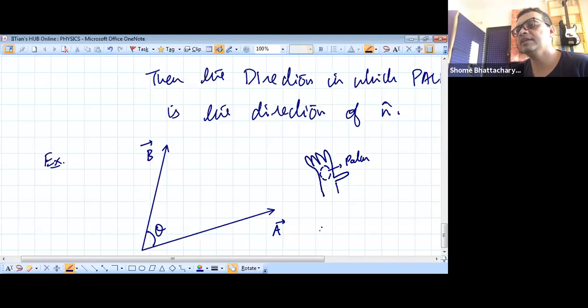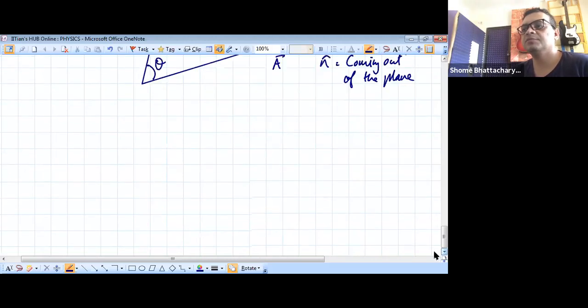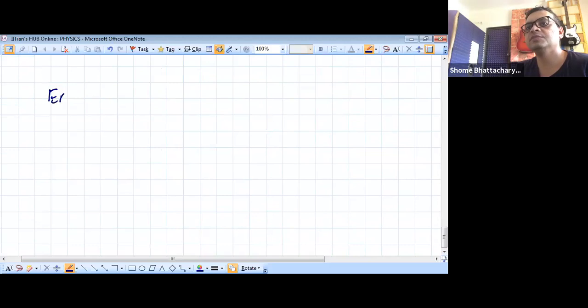So what is happening? n cap is coming out of the plane.